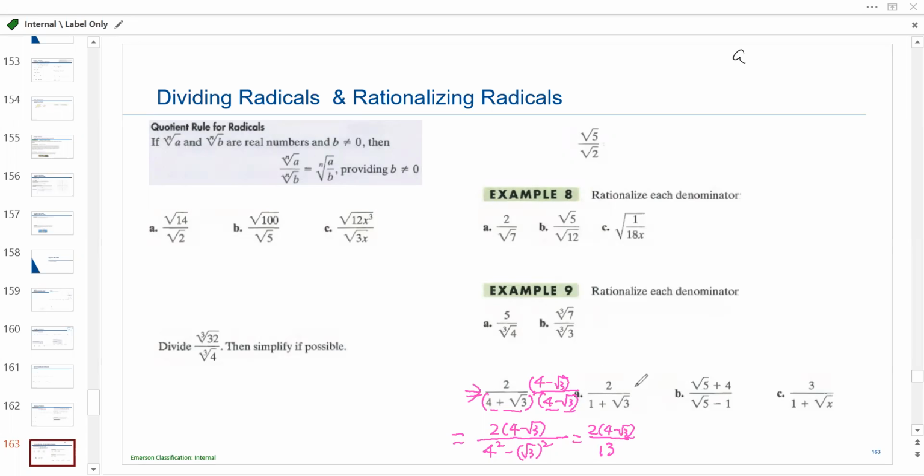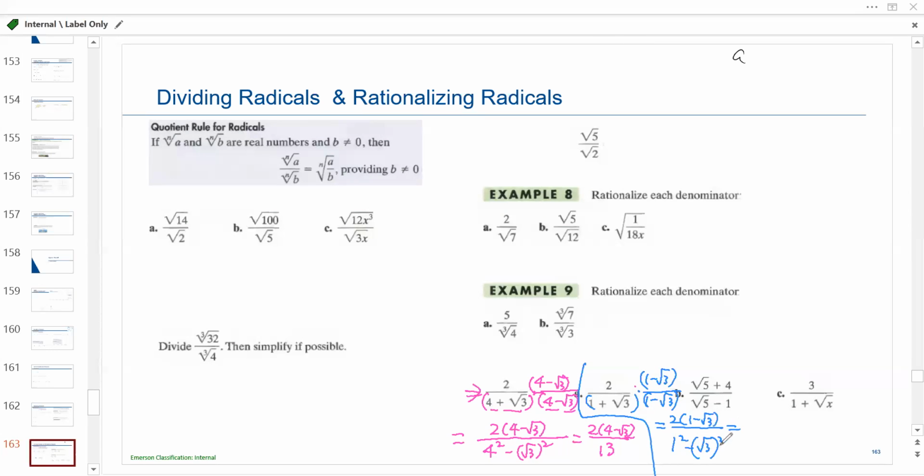Okay, so see this one. What do we do for the second one? Both top and bottom, we multiply by 1 minus square root 3, right? So the bottom becomes 1 squared minus square root 3 squared. Top, we don't need to change anything, right?